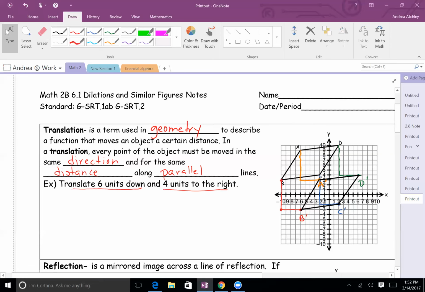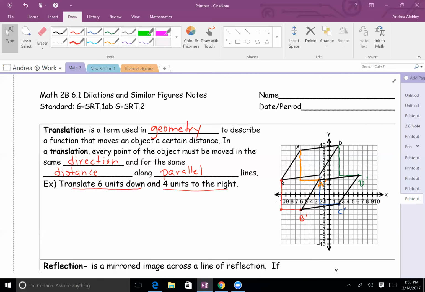Okay, what do you notice about my figure now? What do we notice about the first quadrilateral and the second quadrilateral that I graphed? They're the same exact shape, just in a different location, right? I just moved it to a different location. But those are congruent shapes.